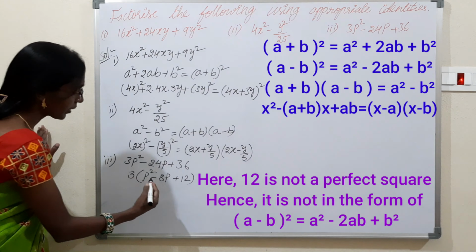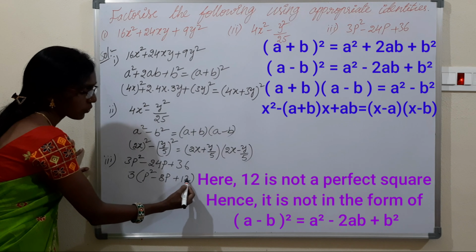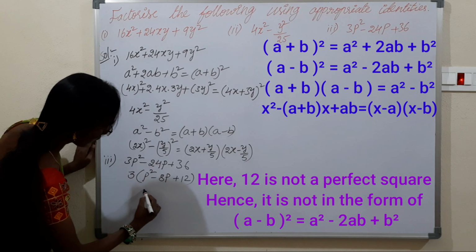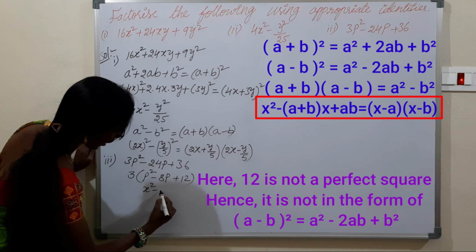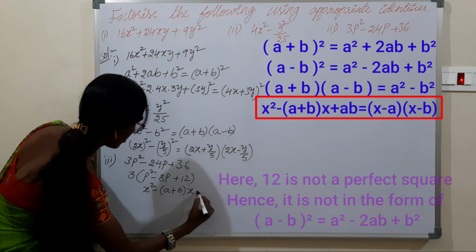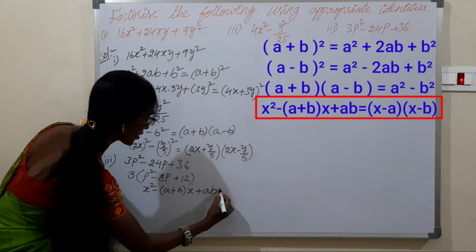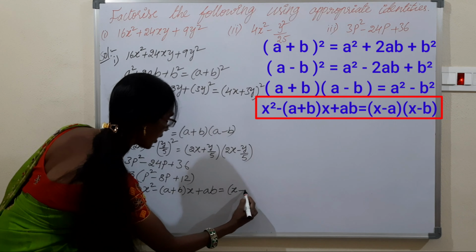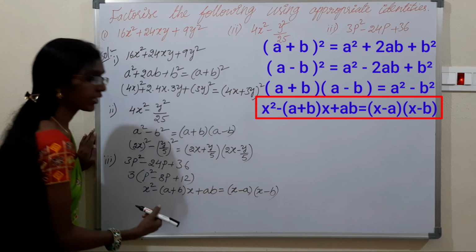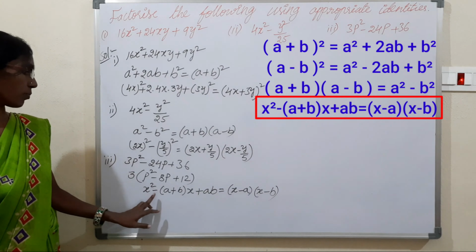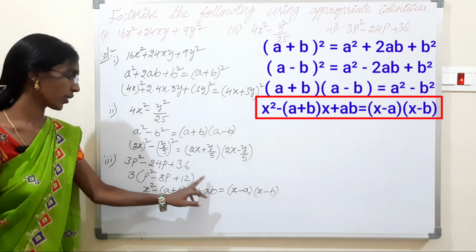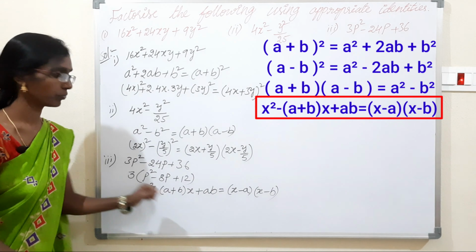Now check whether p square minus 8p plus 12 is in the form of any identity. It is in the form of x square plus a plus b into x plus ab, which is equal to x plus a into x plus b. This is in the form of x square plus a plus b into x plus a into b. So we have to convert this into this form.